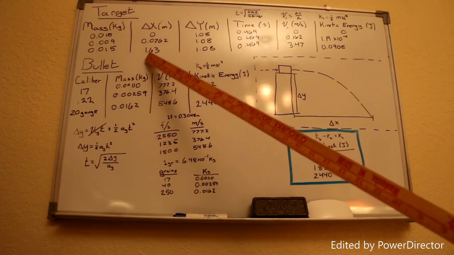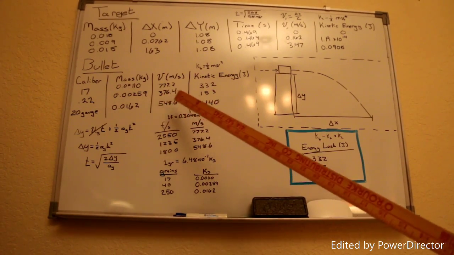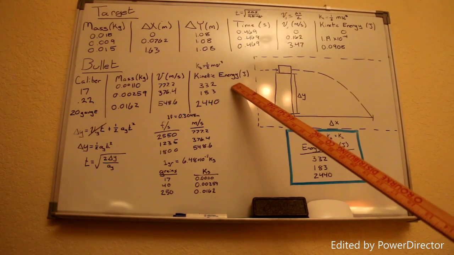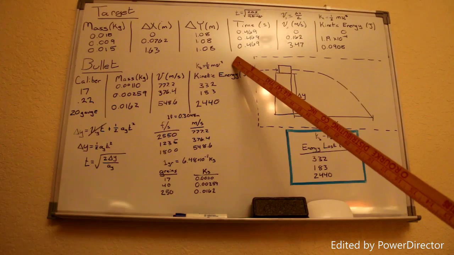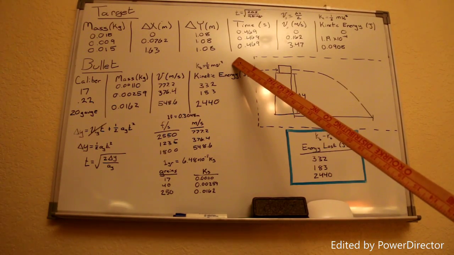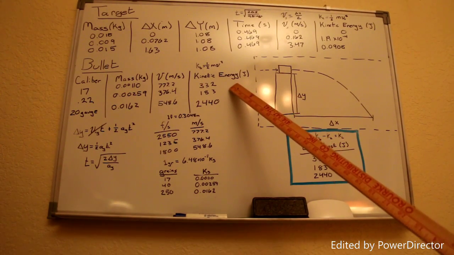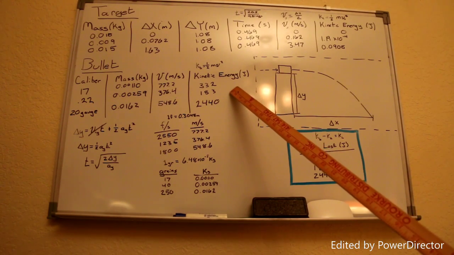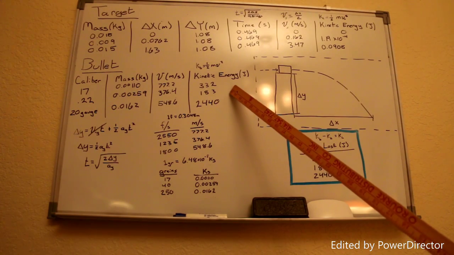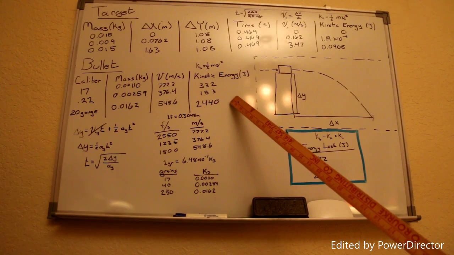We then went and plugged them into their charts with their respective caliber bullet and calculated our final kinetic energy using the equation 1/2 mass times velocity squared. Plugging in our values, we found the kinetic energy of the 17 HMR to be 332 joules, the kinetic energy of the 22 to be 183 joules, and the kinetic energy of the 20 gauge to be 2,440 joules.